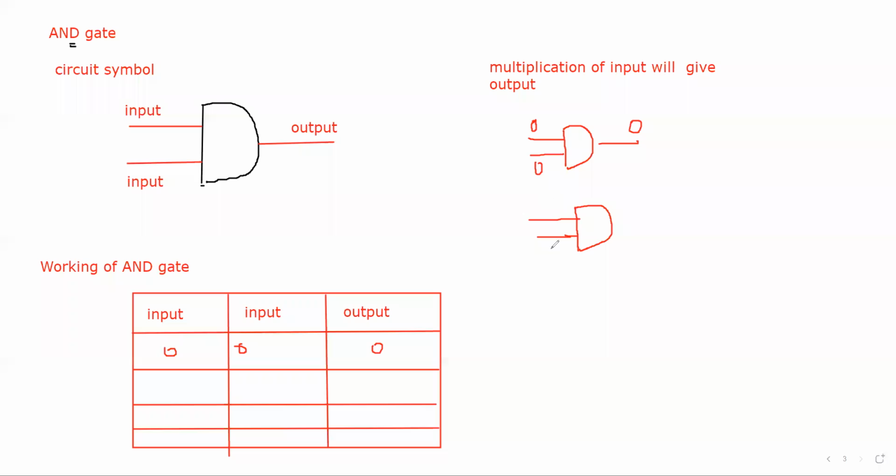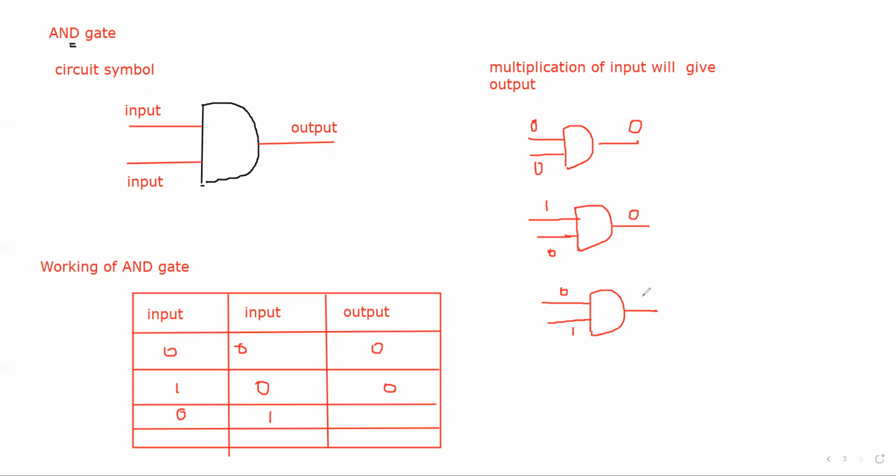If one input is high and the other one is low. So 1 multiplied by 0, what will be the answer? Again it will be 0, so the output will be 0. Then 0 and 1, what will be the output?